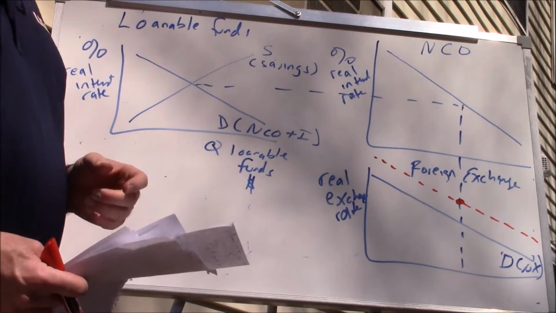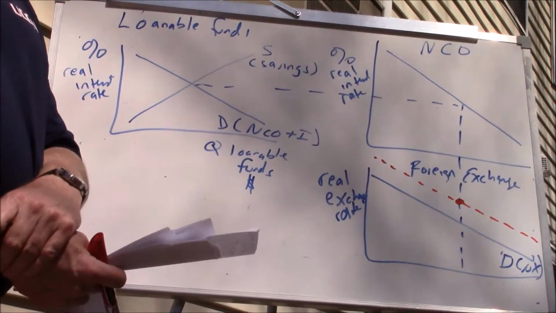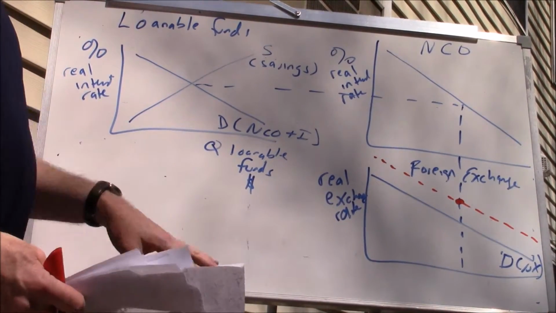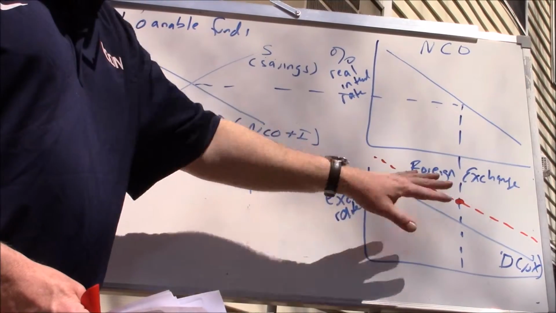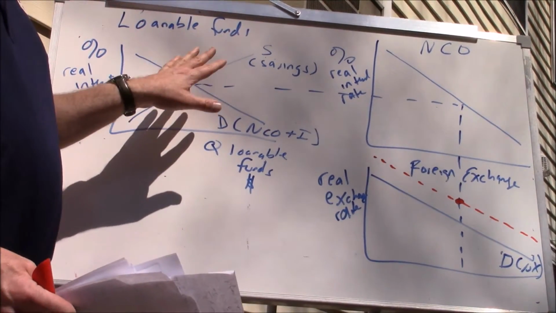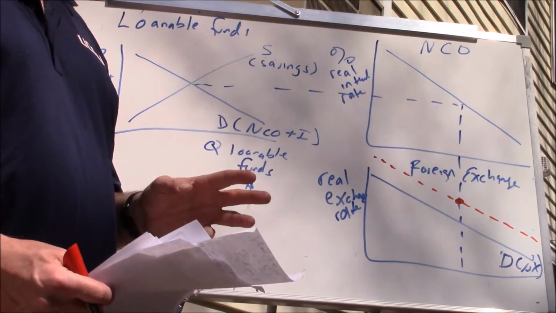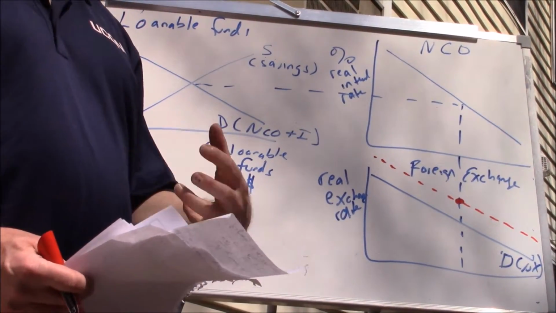So if you're really concerned about the trade deficit, the solution is not to necessarily put a quota or a tariff on imports, but is to do something about savings. If you think about it, a trade deficit by definition means that we're consuming more than we're producing.